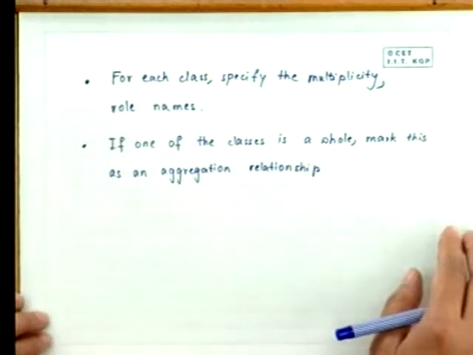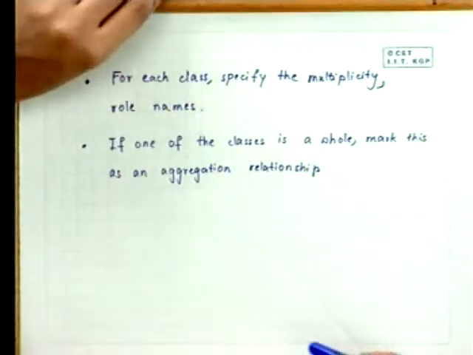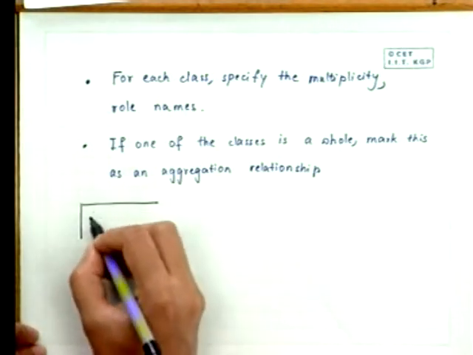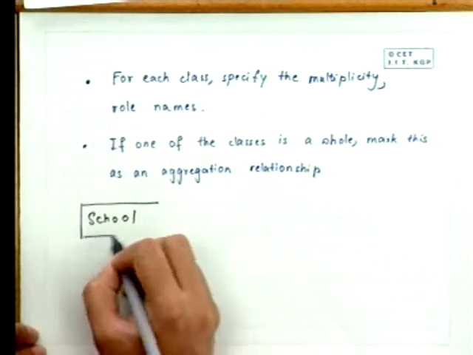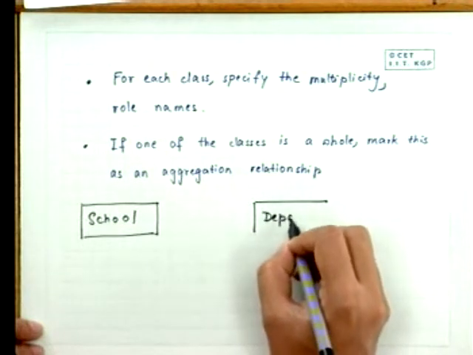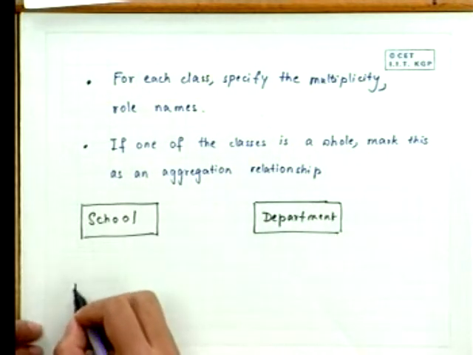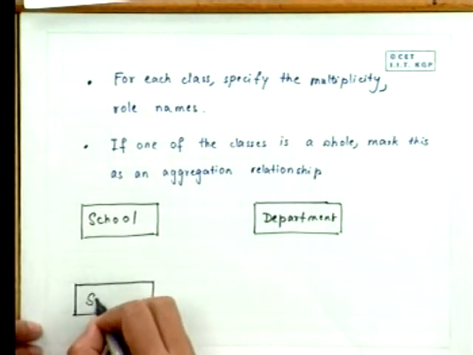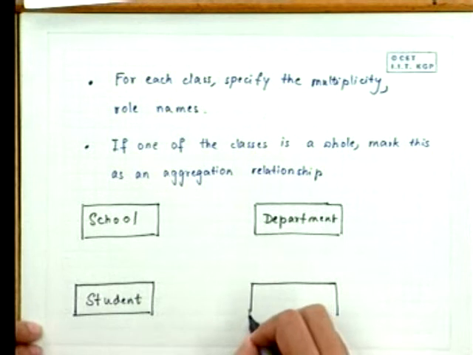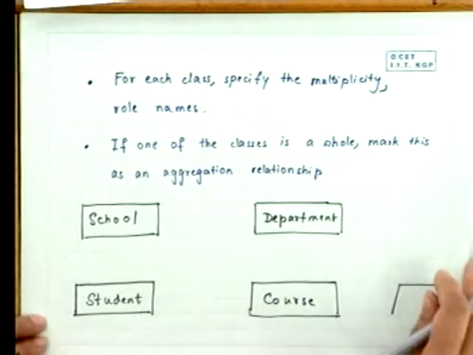Let us look at an example of this. We have these objects: a school, then we have departments, we have student, of course, and we have another object, instructor.